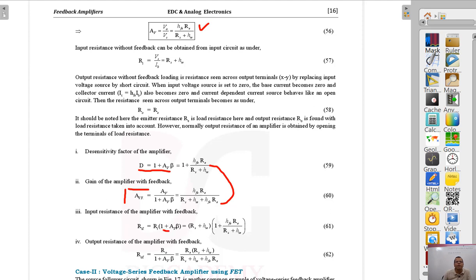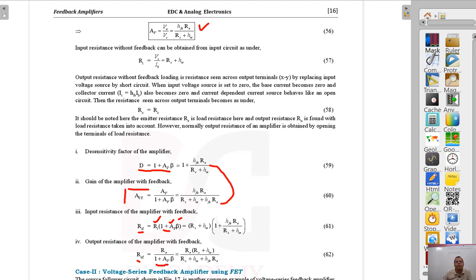Similarly, if you know this desensitivity A_V into beta, I have already given you that. So you can find the input resistance with feedback. You know this, you know this, you know this. Fine. So this gives you the input resistance with feedback. Similarly, for output resistance in voltage series feedback, the output side is shunt sampling and the input side is series mixing. For series mixing, input resistance increases. For shunt sampling, output resistance decreases. So this is R naught by 1 plus A beta.